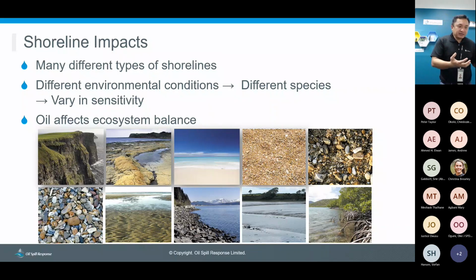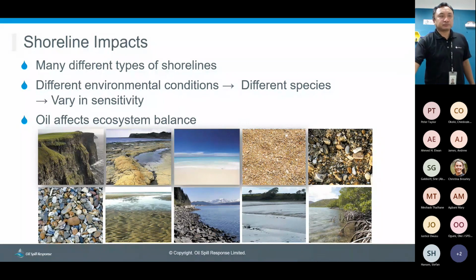They vary in sensitivity, and different species live in different types of shoreline. I would say the mangroves and mudflats have a much more diverse ecosystem compared to others, so the effect on them would be much greater as well. But in all of these situations, the ecosystem balance in the shorelines is greatly affected. So these are some of the impacts to the environment.